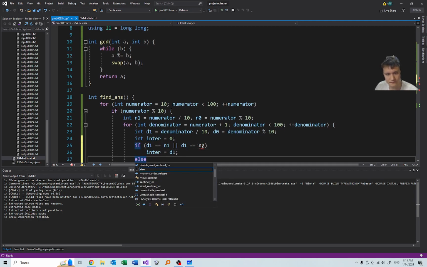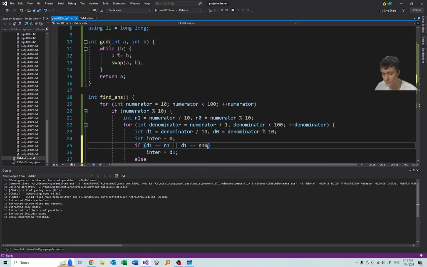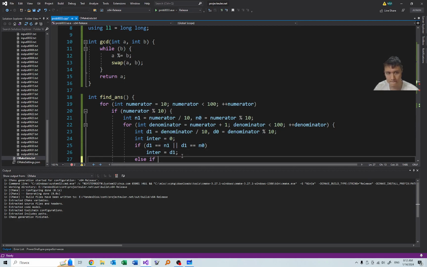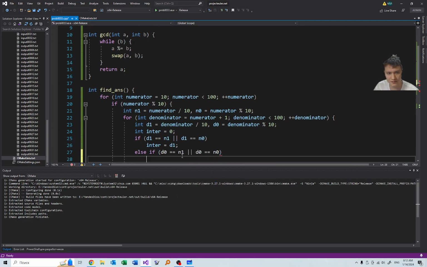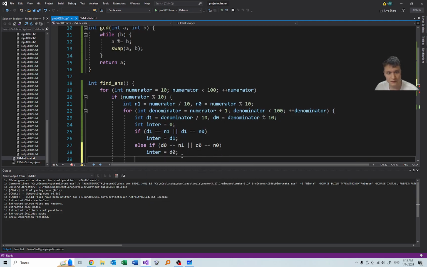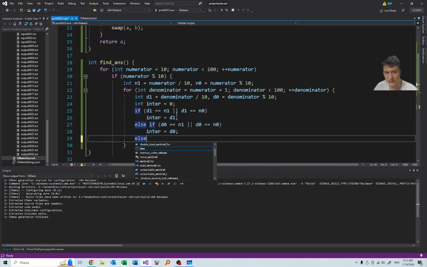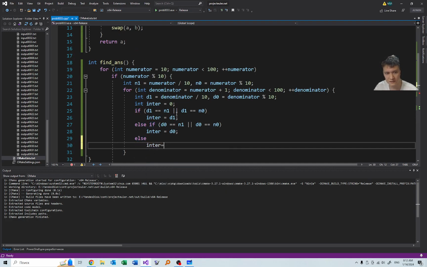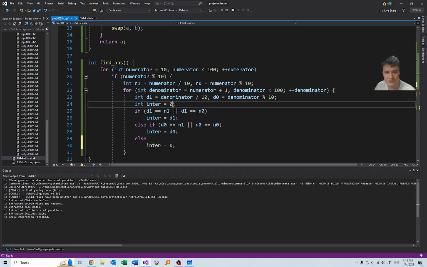Else if d0 equals n1 or d0 equals n0, then inter equals d0. Okay, else inter equals 0, and I remove the initialization.